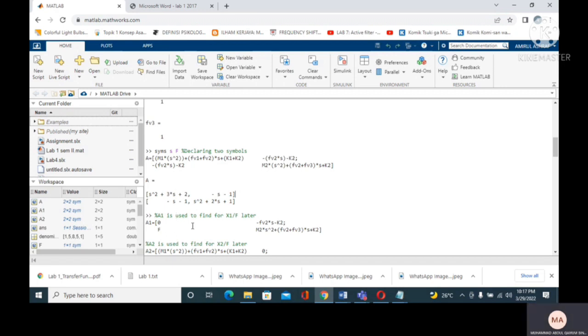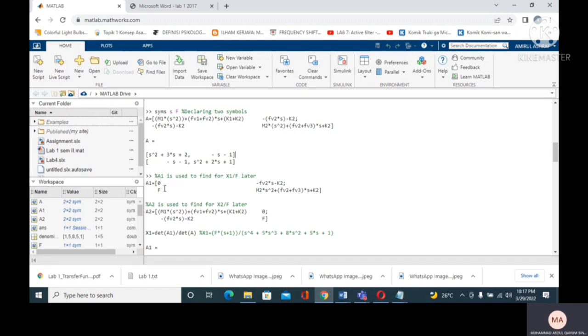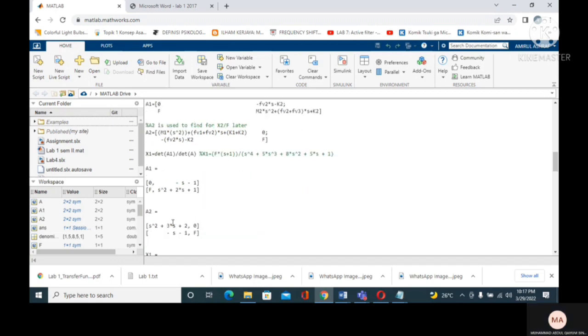So for s1 over f, we replace the first column with 0f, the original one. So this part is changed with this part. After we run this, we will get this one: 0f, negative 1, s square plus 2s plus 1.